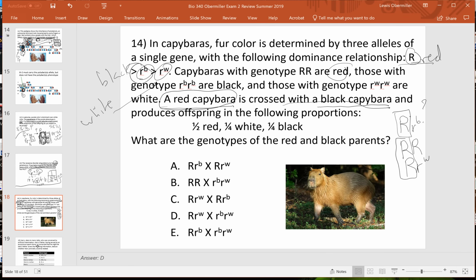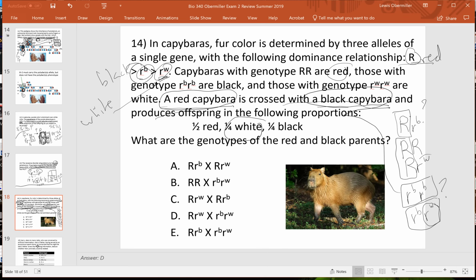So the black ones, it can't be any of this. It has to be either homozygous for black, or it has to be that. Right? This is the black capybara. That's its genotype. We don't know. But this tells us something, right? In order to be white, you have to have both white alleles, right?